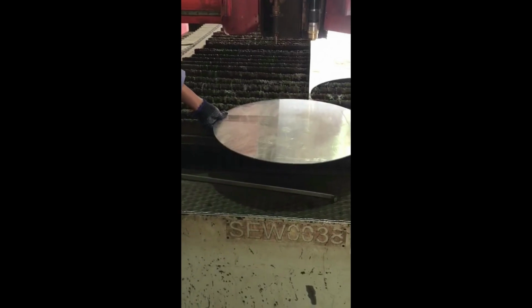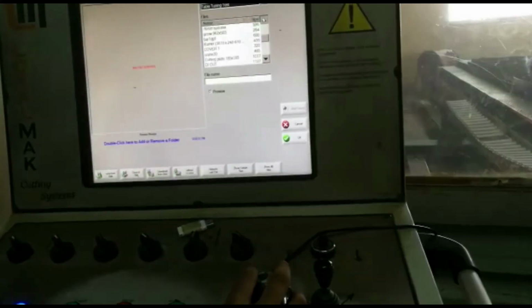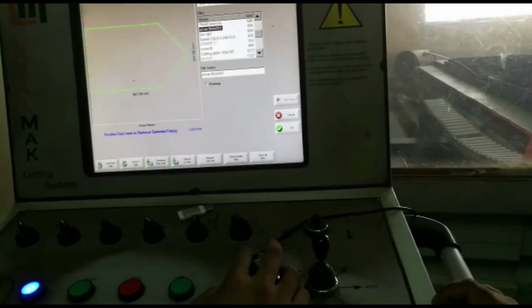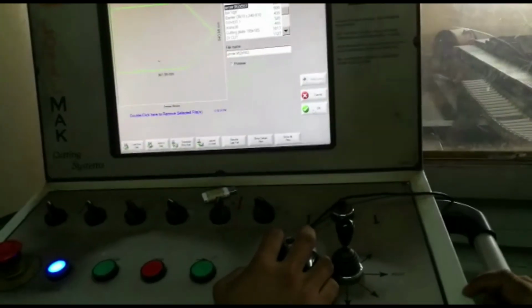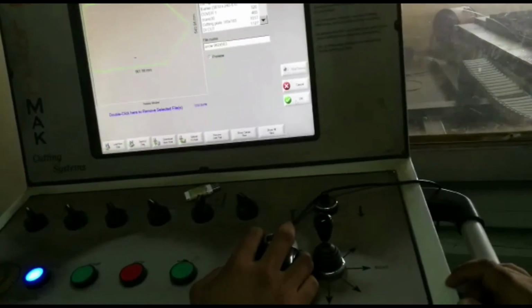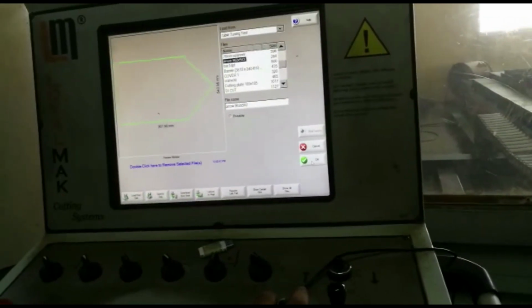The final product, after cutting, is taken out and inspected visually. Another shape, the arrow-shaped signboard, is uploaded in the CNC machine for cutting.